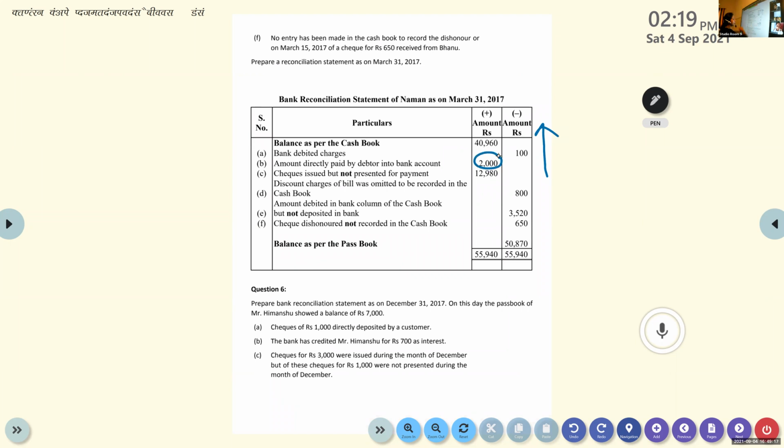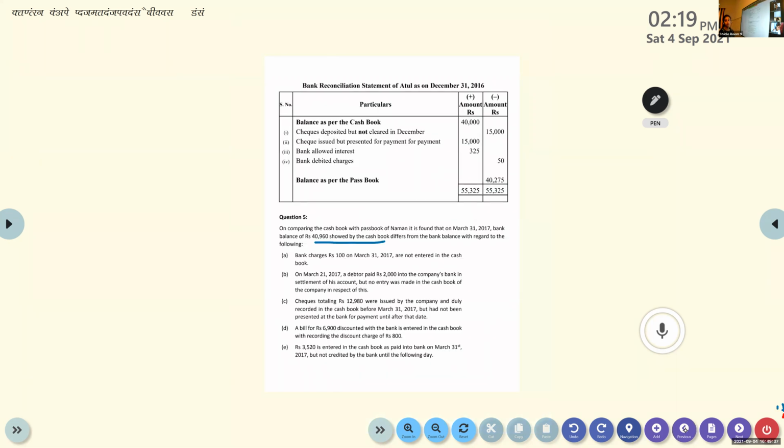It must be added to the cash book. It should be written under the plus, a positive amount. It should be added to the cash book balance.